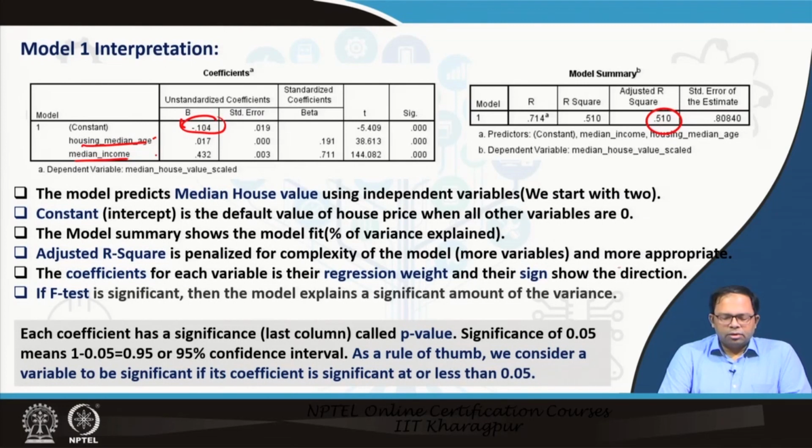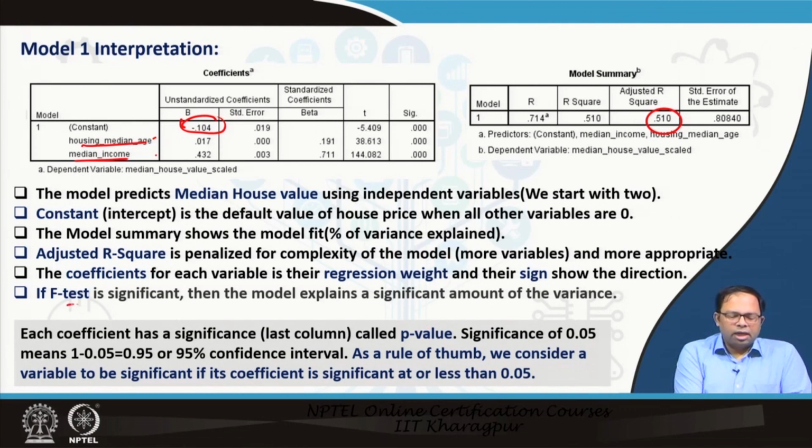That is how adjusted R square is better than R square. The coefficients for each variable are their regression weights, and their sign shows the direction. That means positive or negative determines what influence it has on the dependent variable. If the coefficient is negative, then when the independent variable increases, the dependent variable decreases, and vice versa.